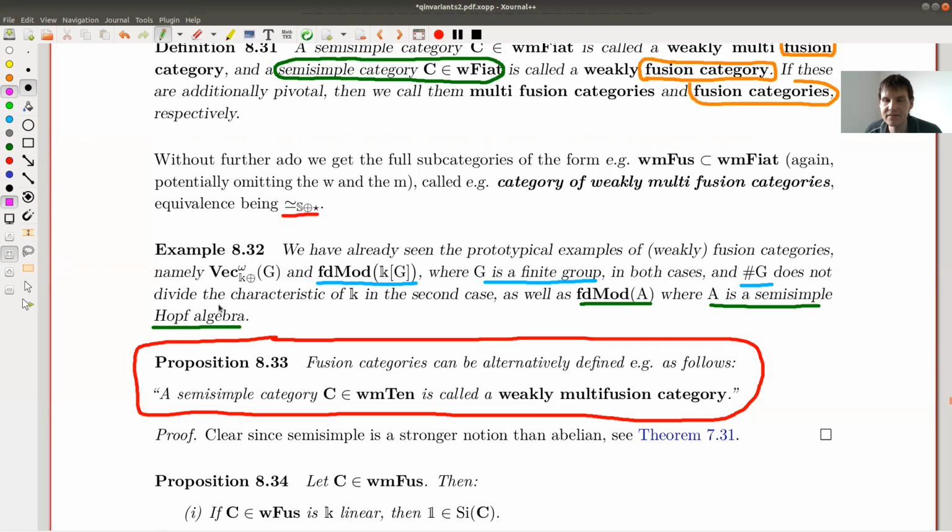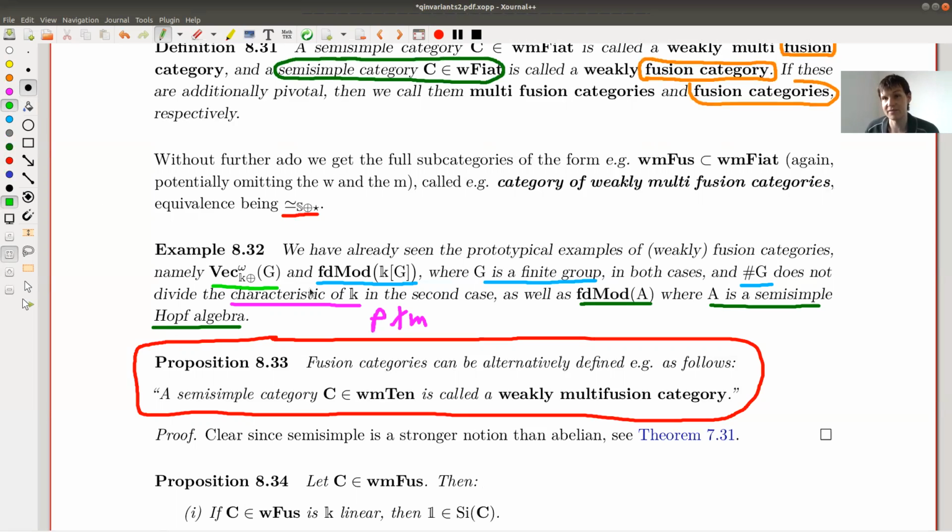So you need that the order of the group does not divide the characteristic of the field, this p does not divide n condition. Then you are basically good to go. This is a good source of examples. There are also graded vector spaces, because graded vector spaces are very easy. There are quite a few examples of those fusion categories.